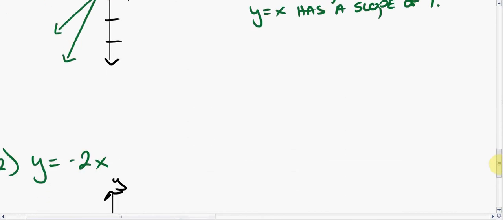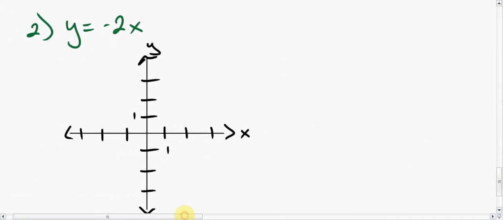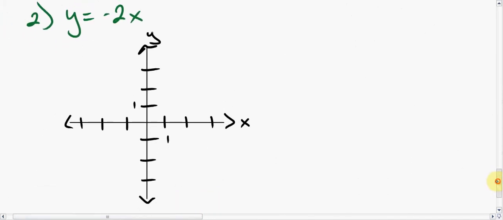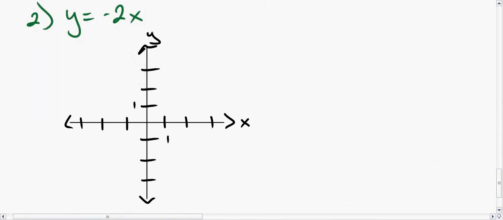Let's go down and look at a second one. All right, our second problem is y equals negative 2x. So again, I'm going to want to graph two lines. One line will represent this function, then the second line will represent the parent function. So I've got y equals negative 2x, and then there's no number over here. So we know it's just like having plus 0. That represents my y-intercept.